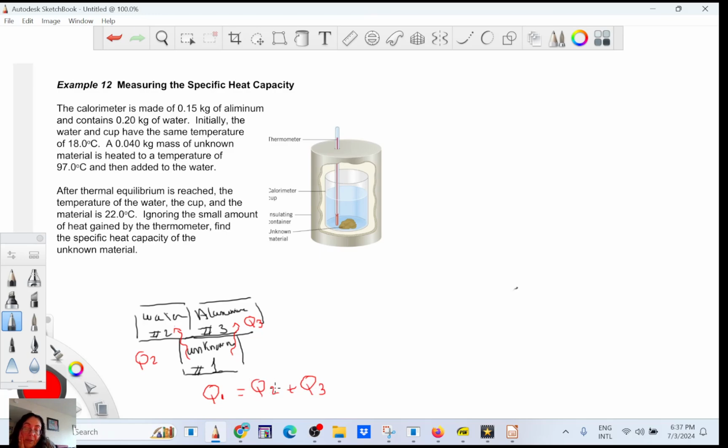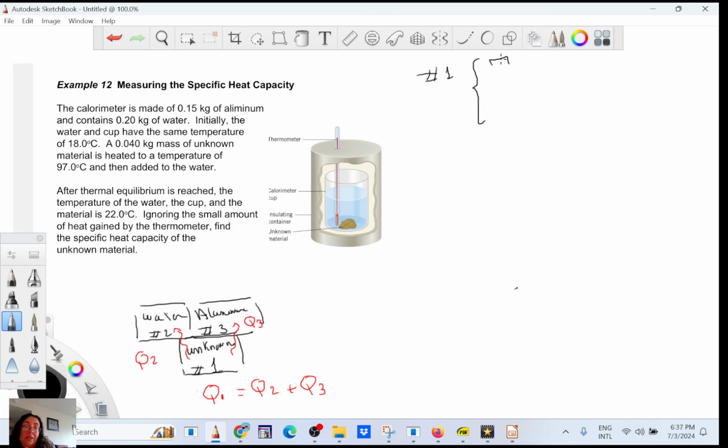Those will all be positive quantities. So energy lost by this one equals energy gained by that one plus energy gained by that one. So it's just conservation of energy.